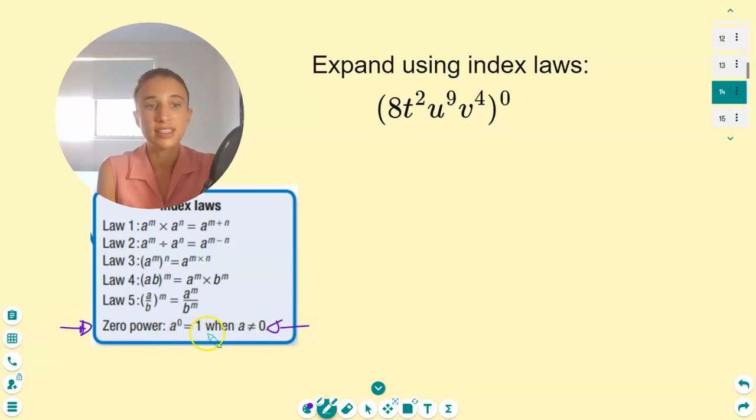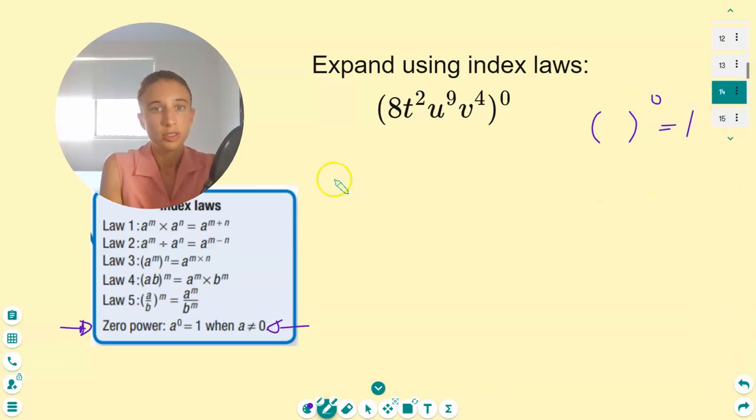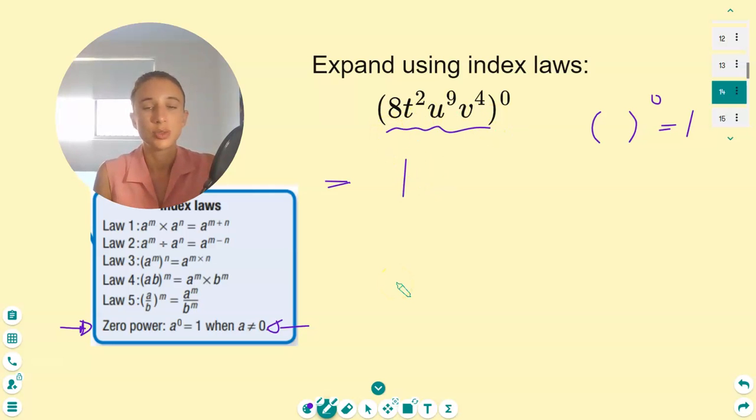Any number raised to the power of 0 is 1. Anything equals 1. That means that this must equal 1. So it's a lot easier than you think, right?